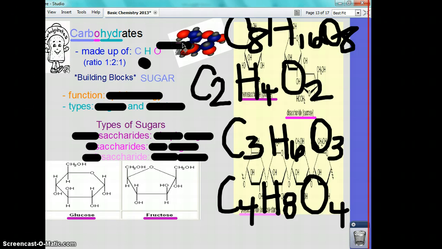They're made up of sugars. A lot of sugars, a little bit of sugars, it doesn't matter. The building block of a carbohydrate is 1 sugar, or 2, or 3, or 4. What's the function of a carbohydrate? What do they do for you? Provide energy for the body. Energy, but it's quick energy. It's not long lasting. It's like a rush of energy and then you crash, right?